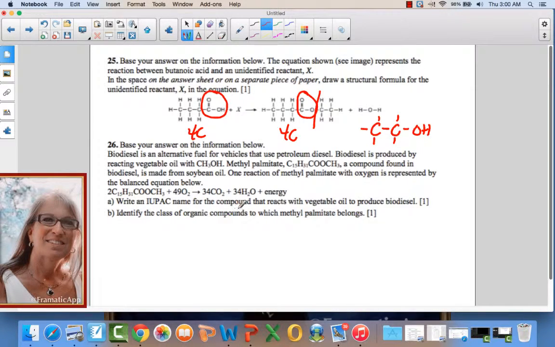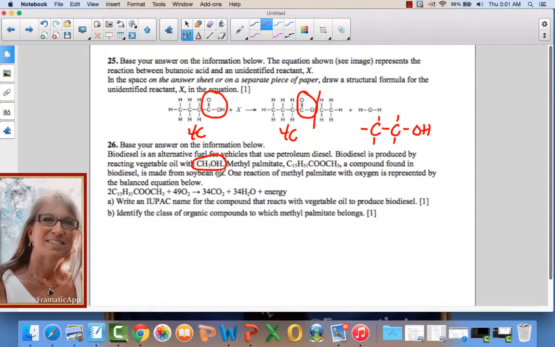Write the IUPAC name for the compound that reacts with vegetable oil to produce the biodiesel. So let's see. Biodiesel is an alternative fuel for vehicles that use petroleum diesel. Biodiesel is produced by reacting vegetable oil with CH3OH. So that's what they want. They want the name for this compound that reacted with vegetable oil.